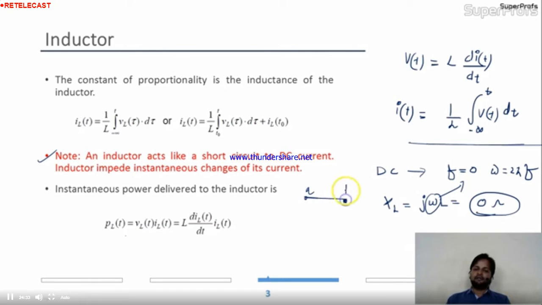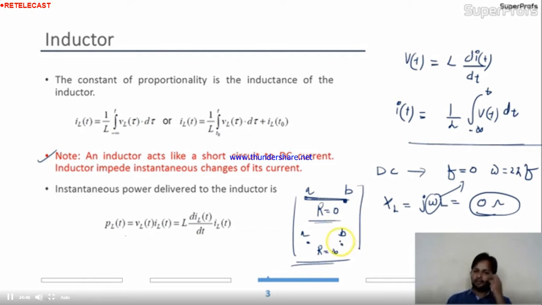If A and B are two points, you shorted them means R equals 0. And if you open two points A and B, it means the resistance between them is infinity. I hope this is clear to you people, right? So the inductor acts like a short circuit for DC current, and the capacitor acts like an open circuit for DC current.